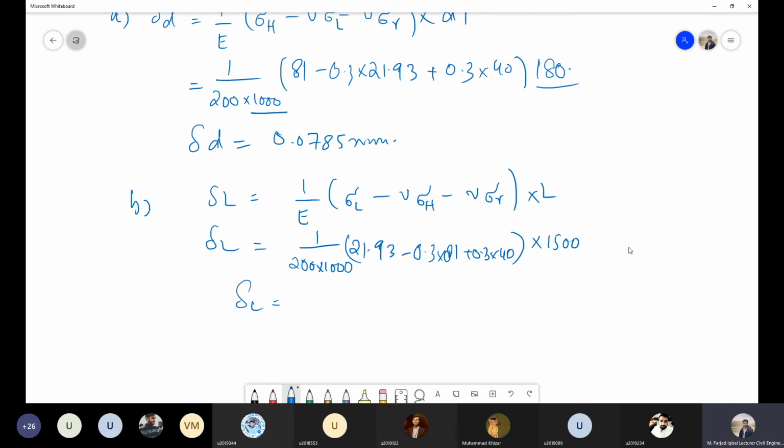The change in length will come out to be 0.072 mm. Now just be careful about the unit conversion in this question.